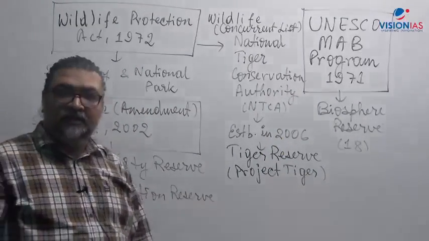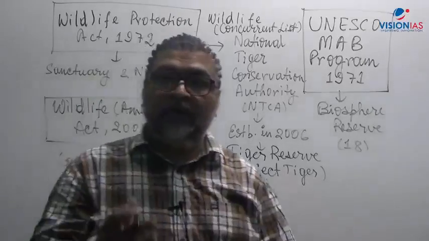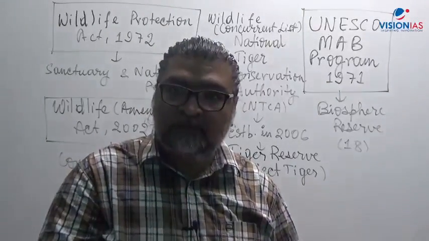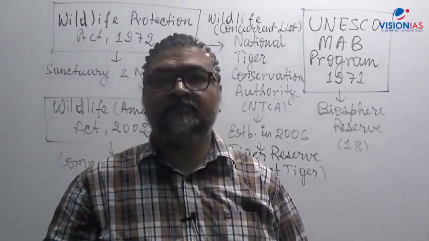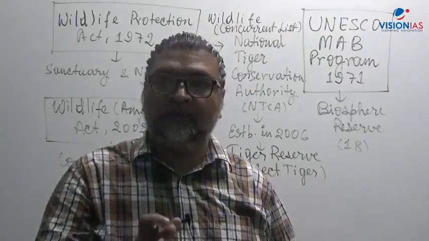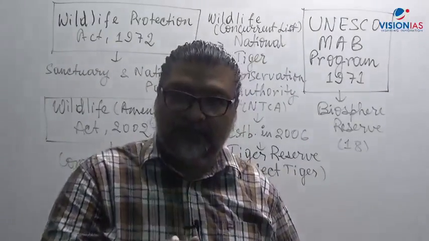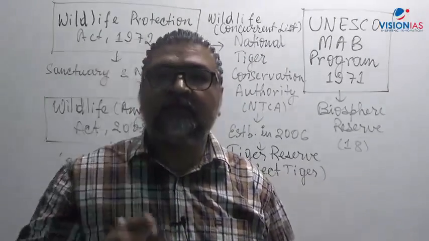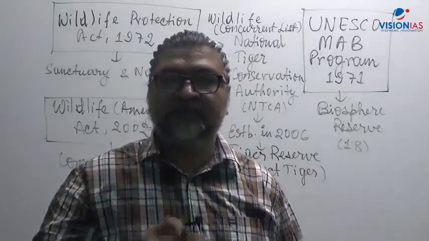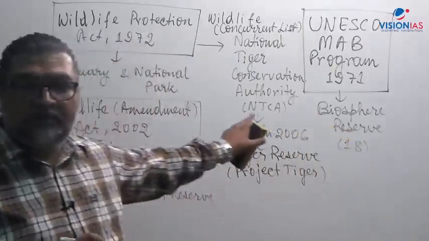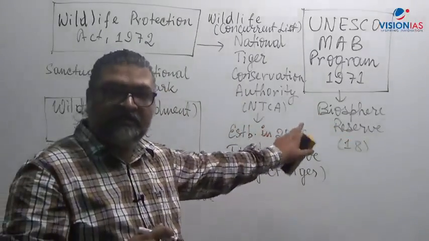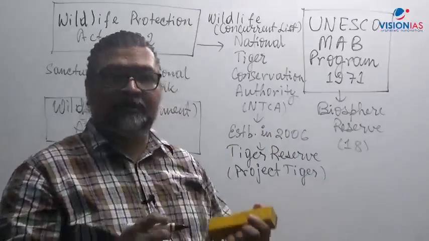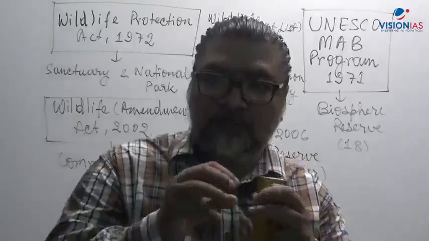Alright, now what will come here? I will now come to the difference between sanctuary, national park and biosphere reserve. We will first learn about sanctuary, national park, biosphere reserve. I will go in a sequential order. This part is clear, my explanation part. Are you able to understand this? Now I will go into the detailed part of it.